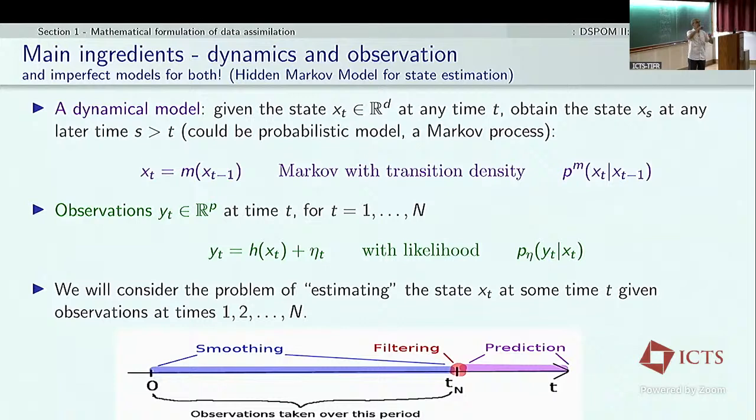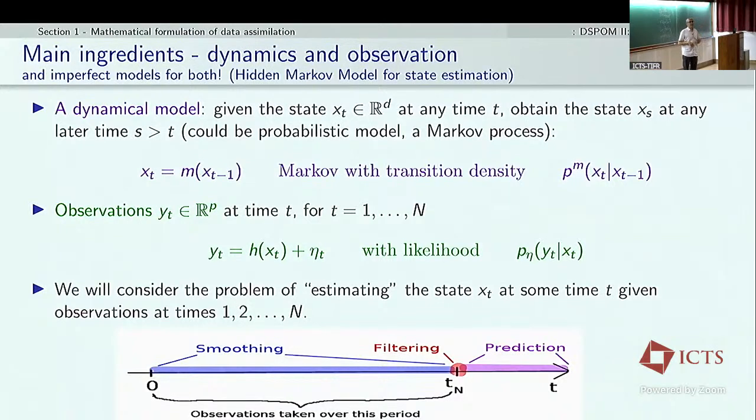In some sense, it's thought of as something where you go forward, and then as you go backwards, you smooth out the estimates. Very vague explanation, but anyway. Estimating the state at time n is called the filtering problem. And of course, estimating anything after time n is prediction.